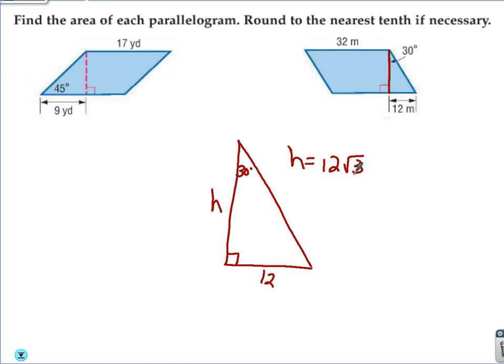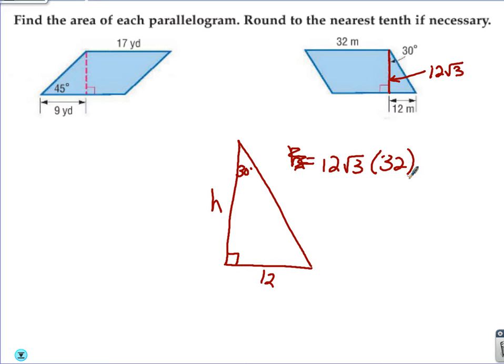And if you want to, you could actually leave this answer as exact. Dealing with ACT, if this were an ACT problem, they would leave it exact. Okay? So if my height is 12 root 3, area is equal to base times height, so that's going to be 12 root 3 times 32.